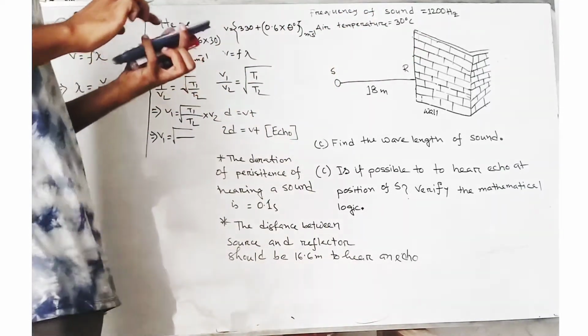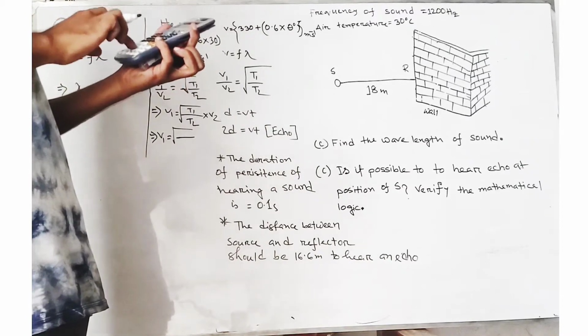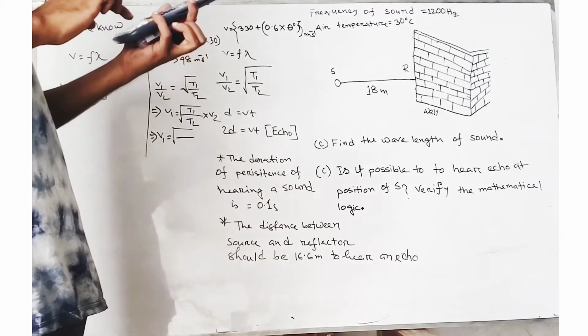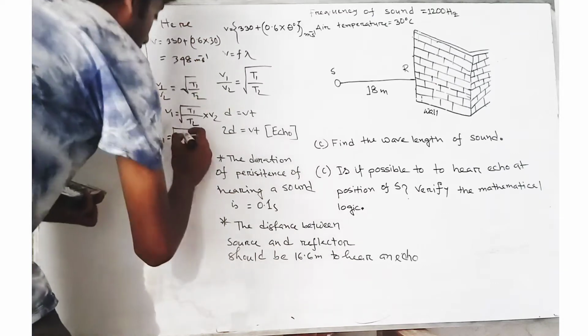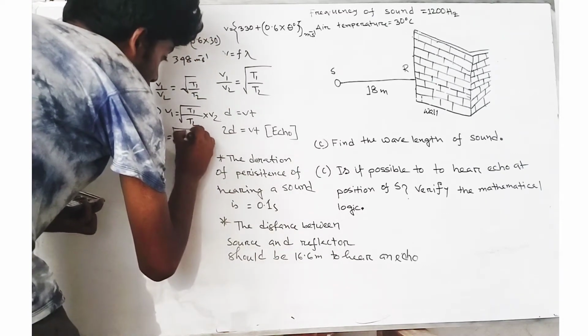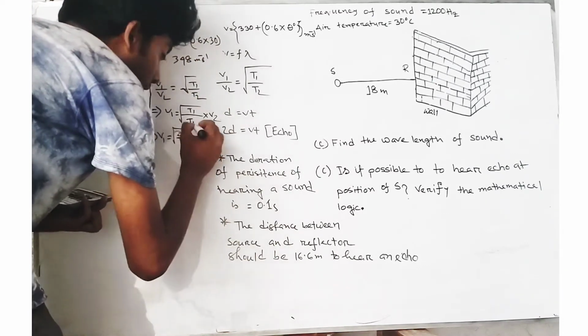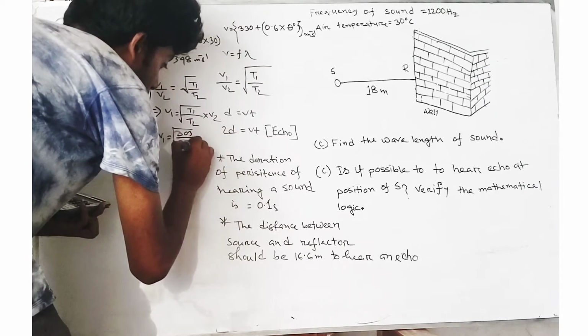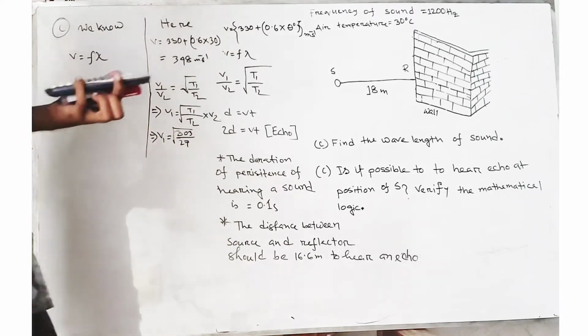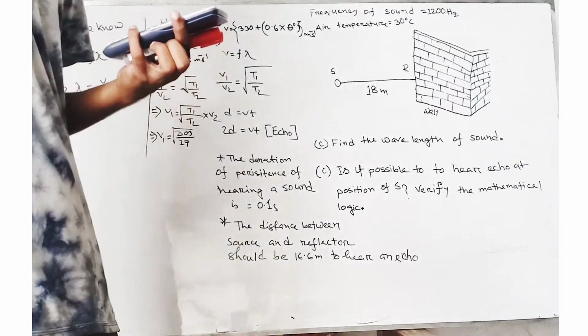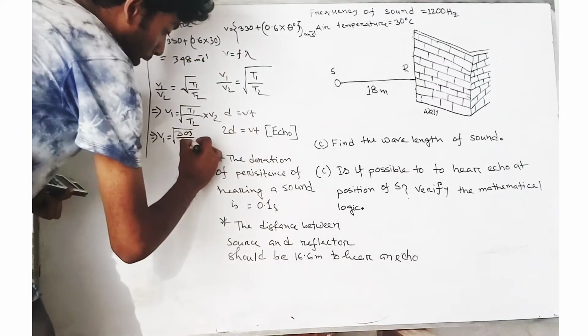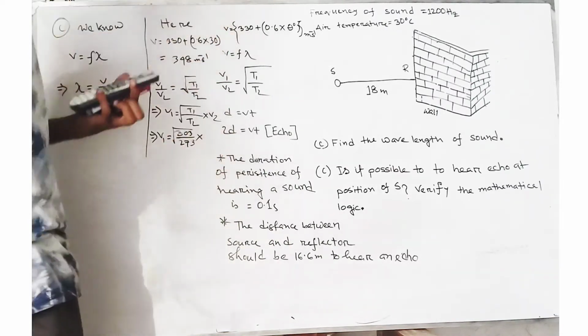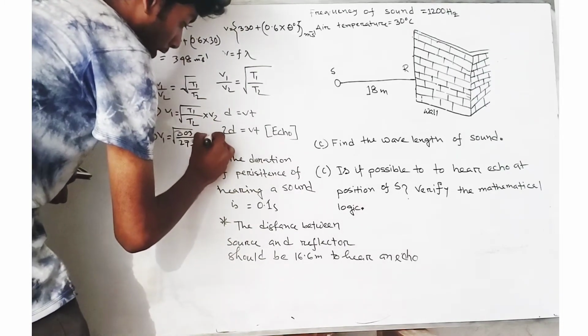So 273 plus 30 equal to 303. Here T2 will be 0 degree Celsius, which means 273, and V2 will be 330.